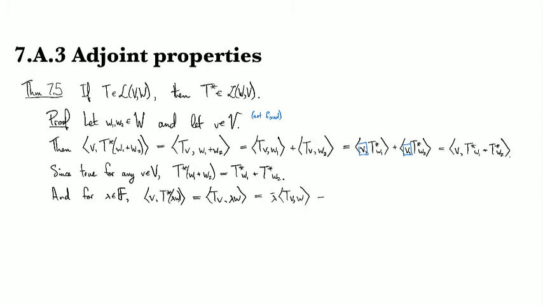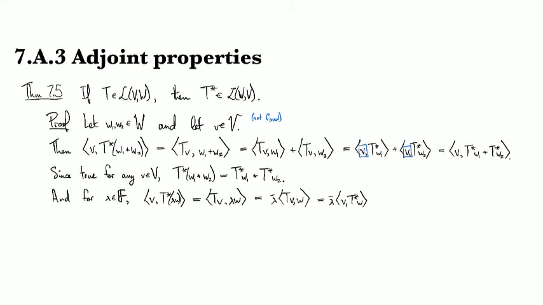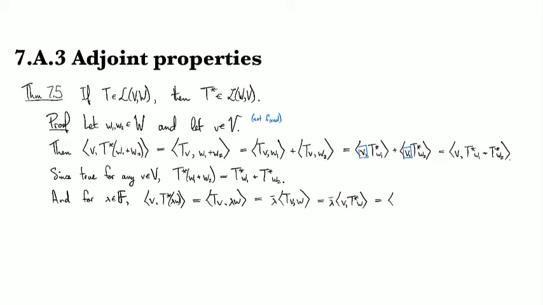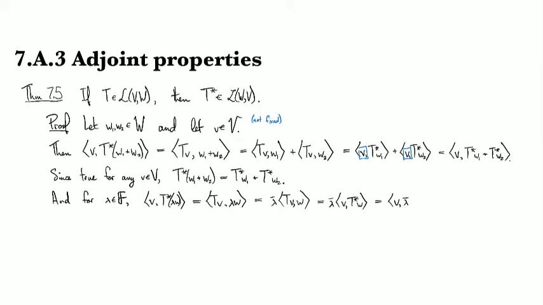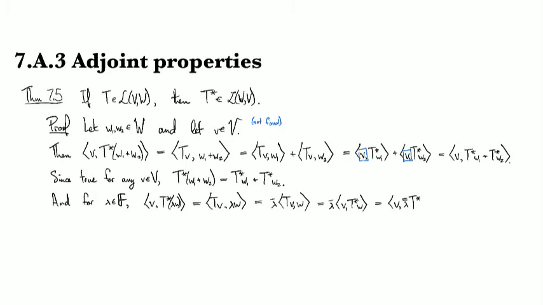And then I guess I can put the T back on the other side. So it's V, T star W. And then I can put the lambda back in. And since it's going into the second slot, the conjugate will cancel. So this is like a double conjugate, right? But the double conjugate of a complex number is just the original complex number again.